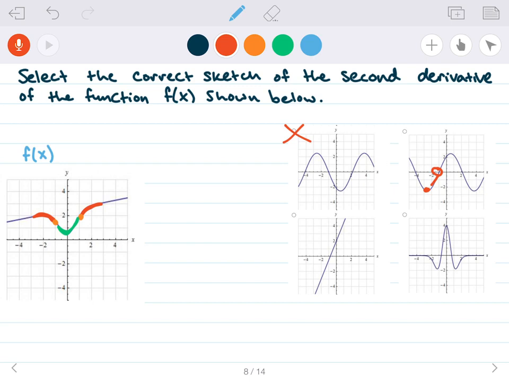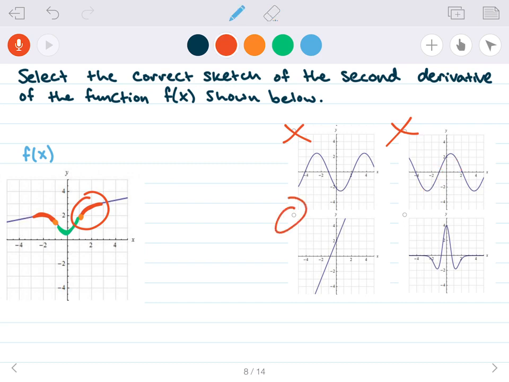Here's x equals 1, and it's above the x-axis there, which is good. However, because of this portion from about 1 to 3-ish, it's not below the x-axis for that whole portion. It's above the x-axis right here. And so for that reason, we can eliminate that guy.